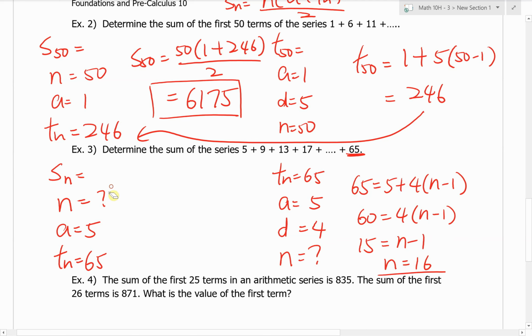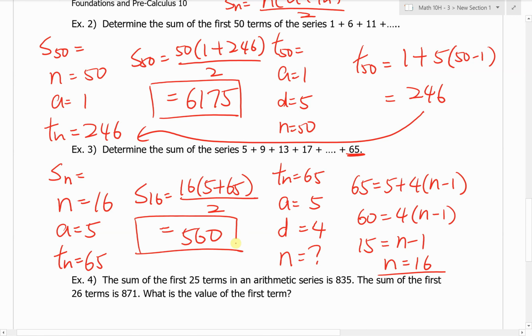So now we do know n is equal to 16. Therefore, we can find S16 by using the sum of n terms formula for arithmetic series. So n is 16, a is 5, tn is 65, divided by 2. This is 8 times 70, which is 560. So the sum of the first 16 terms will be 560.